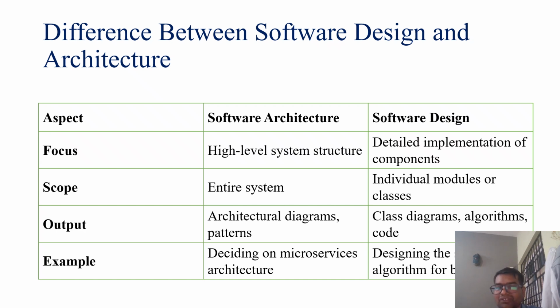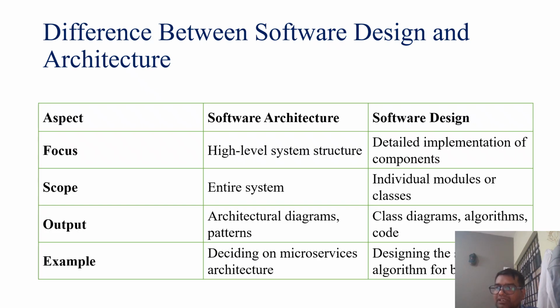So what is software architecture? Software architecture of a program or computing system is the structure of the system, which comprises software elements, the externally visible properties of those elements, and the relationships among them.